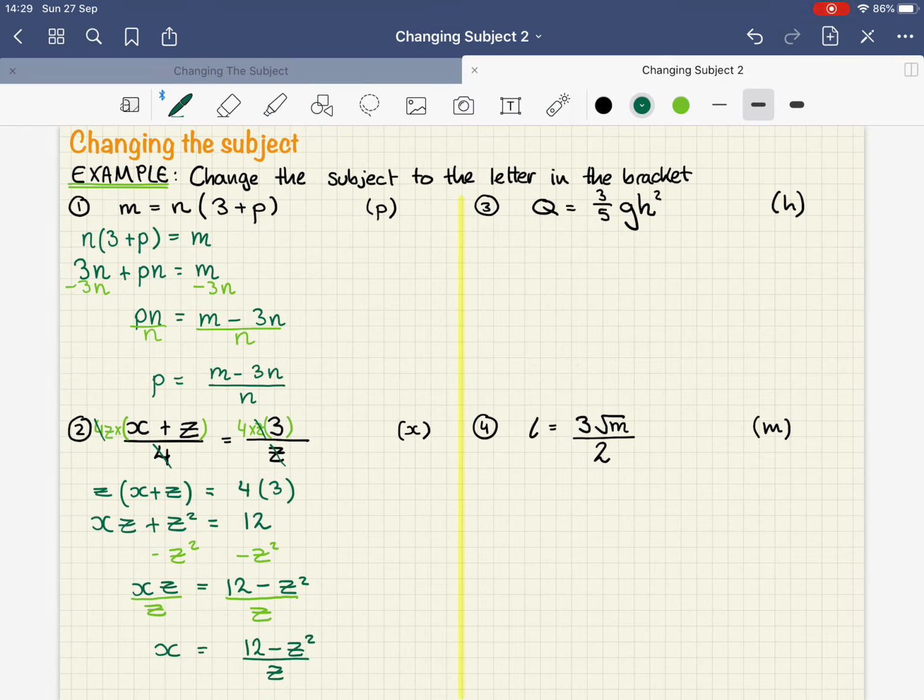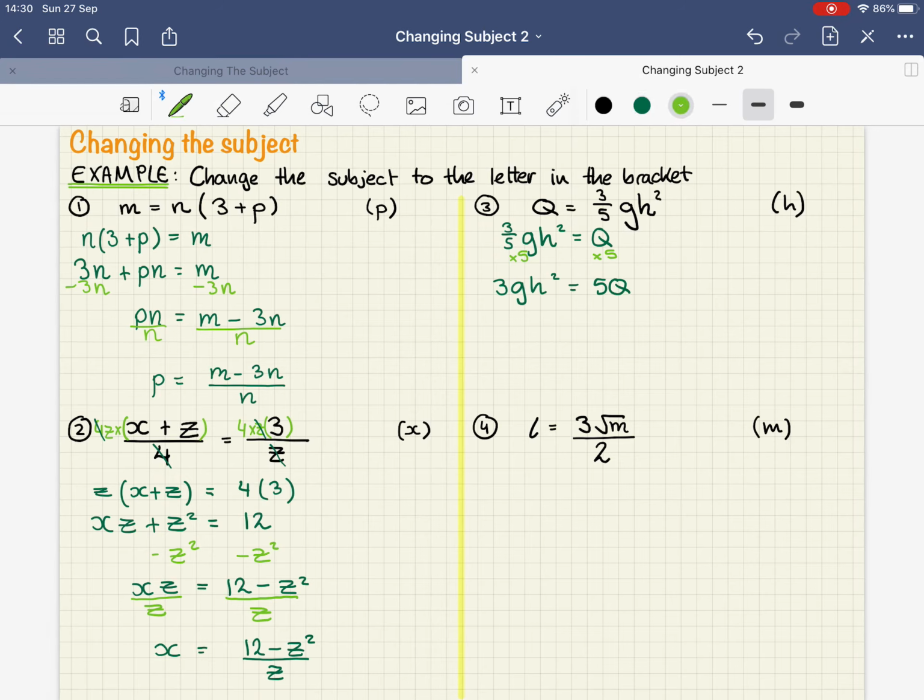Okay, question 3. So I want to make h my subject. First I want to do my common sense line, so swapping that around. And I've got a fraction here, so I want to multiply everything by the 5 to get rid of it. And so now I'm going to have 3gh squared equals 5q.